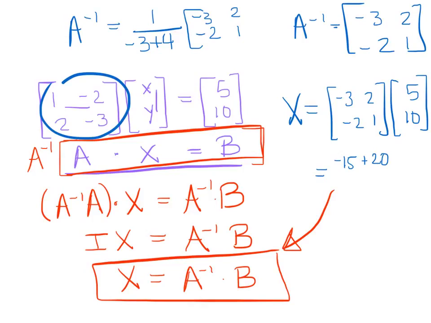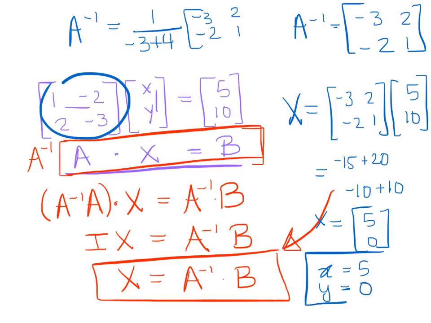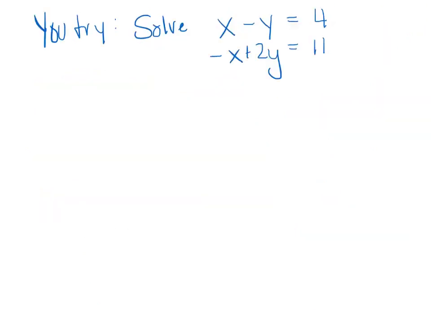And then I got second row, first column, negative 10 plus 10. Aha. So that comes out to be 5, 0 for my X matrix. So that means little x is 5, and little y is 0. And that's my solution.